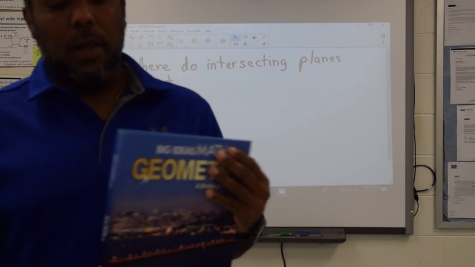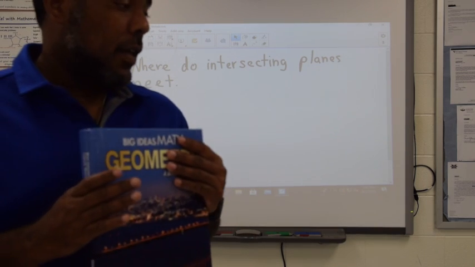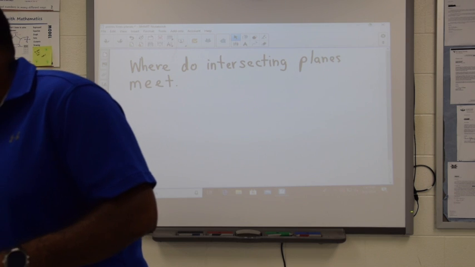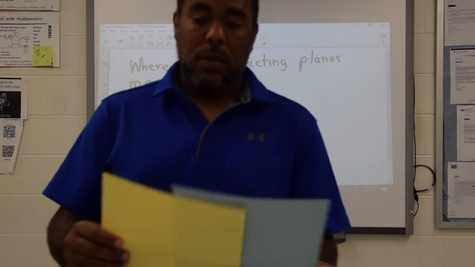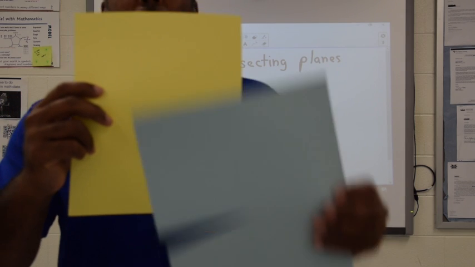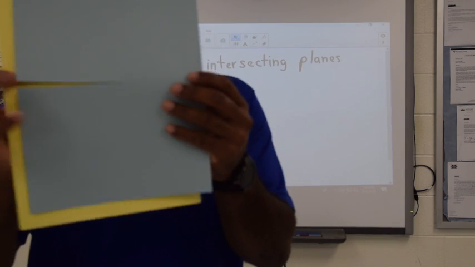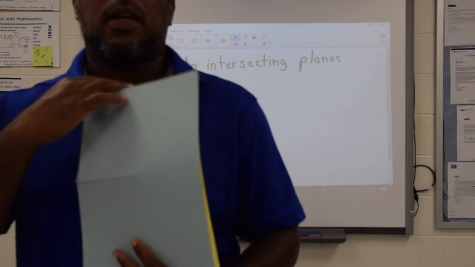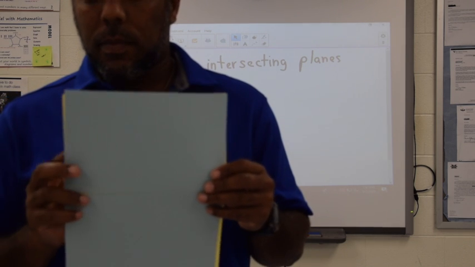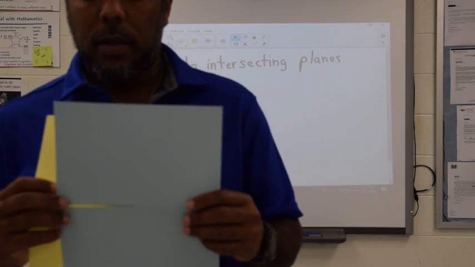So it seems to me that two planes intersect at a line. Sometimes we have a yellow plane and a blue plane. Now, if I lay them on top of each other, that's not really an intersection. They're just on top of each other. They would be one plane.